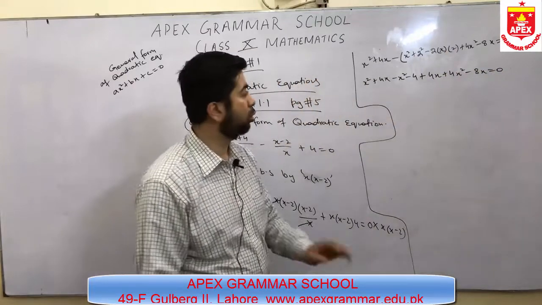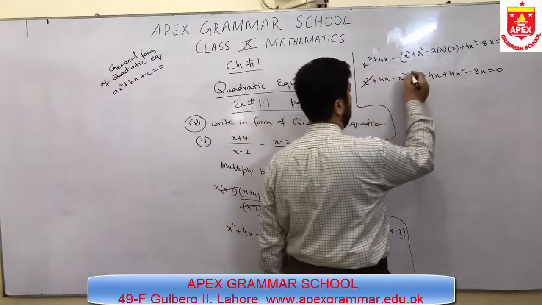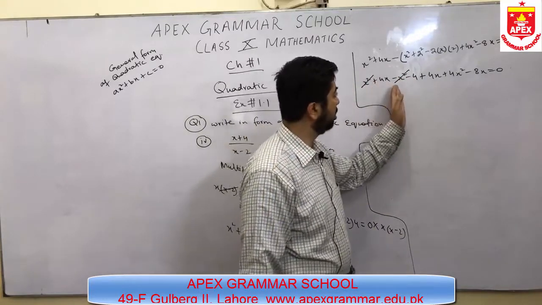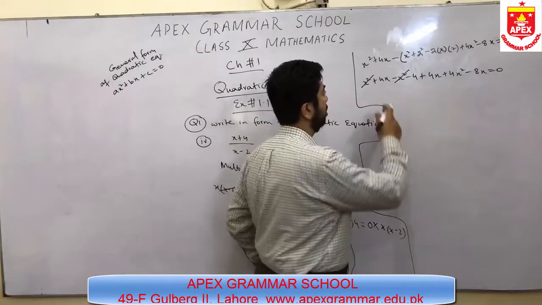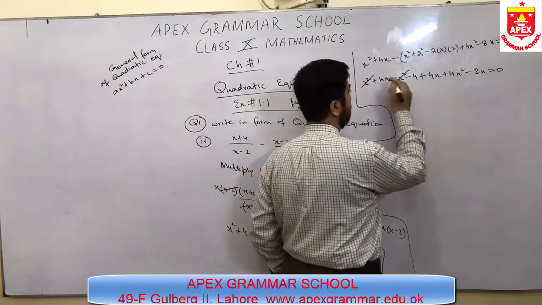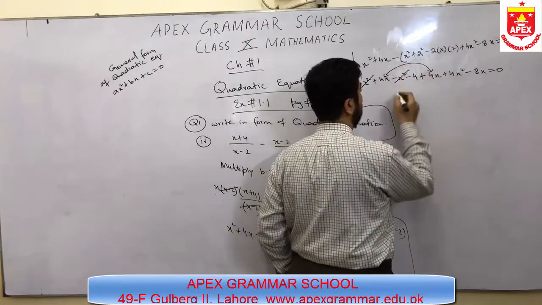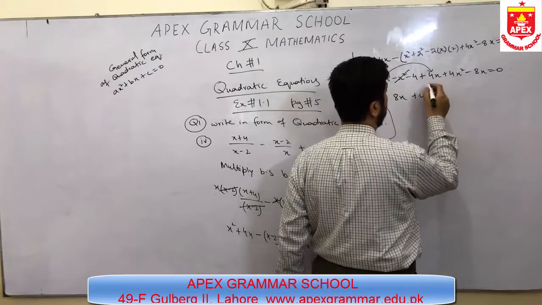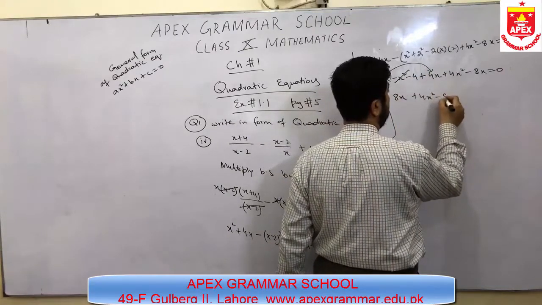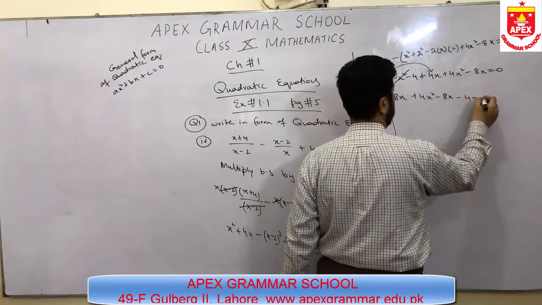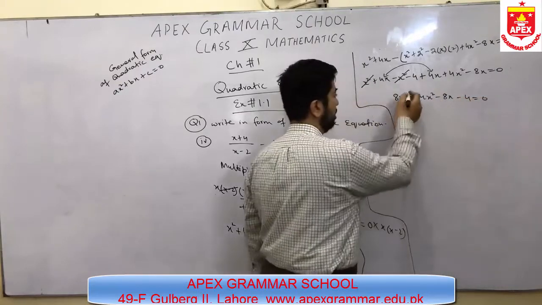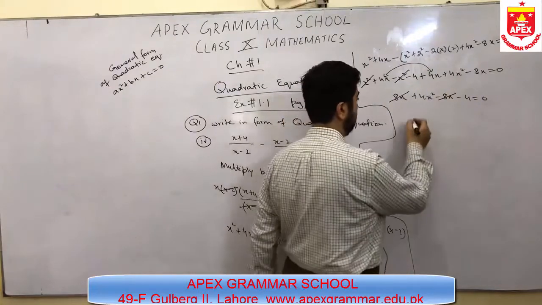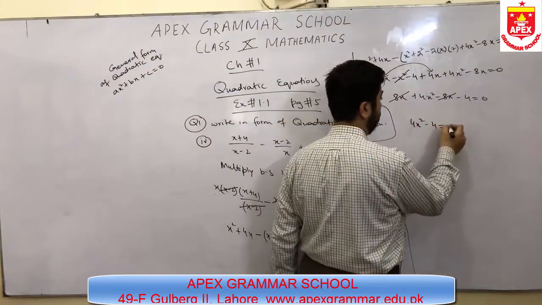Now x square cancels with negative x square, and after that plus 4x and plus 4x becomes 8x, plus 4x square minus 8x and minus 4 is equal to 0. Now this 8x is cancelled with minus 8x, and the equation becomes 4x square minus 4 is equal to 0.